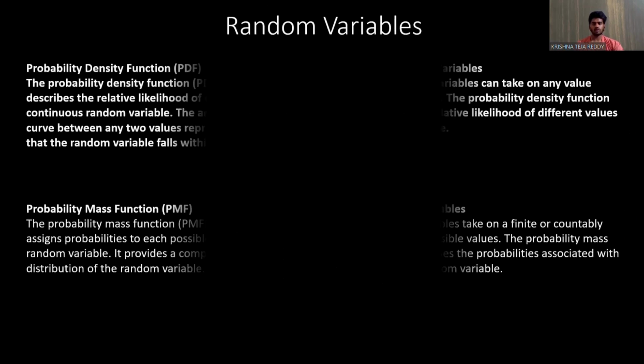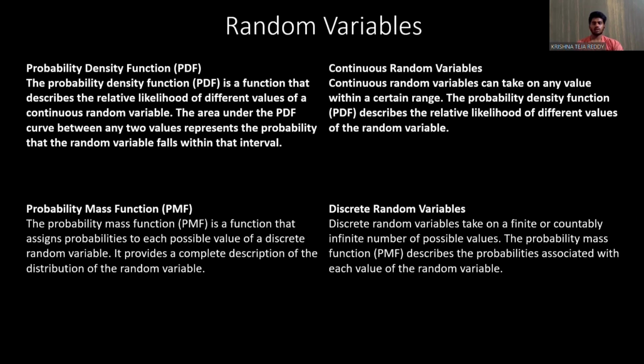Random variables. Probability density function, PDF. The probability density function PDF is a function that describes the relative likelihood of different values of a continuous random variable.